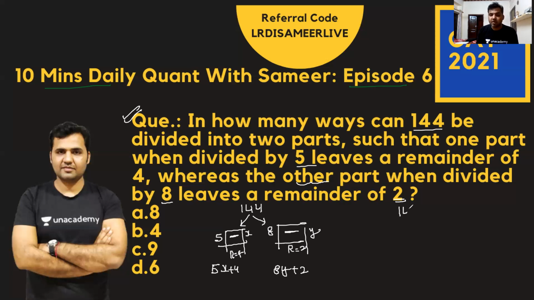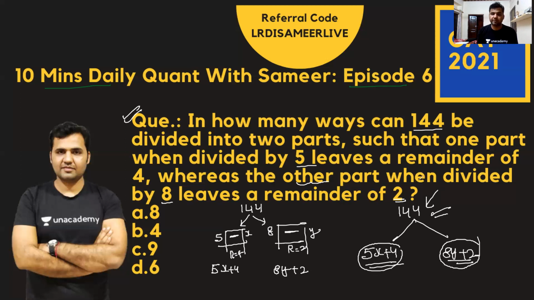So that means I want to divide 144 into two such parts where one part is 5x plus 4 and the other part is 8y plus 2. Now, both of these two values are coming out of 144. So can I say that the summation of these two will be equal to 144?